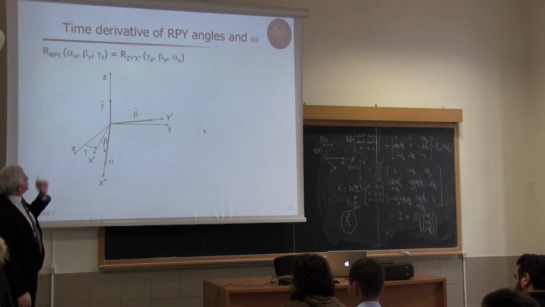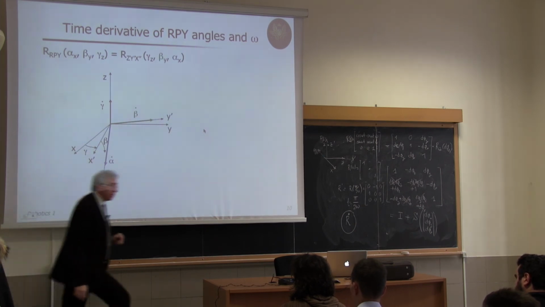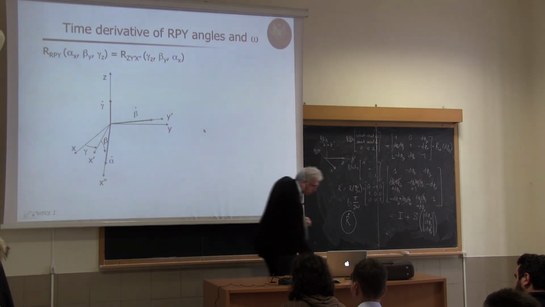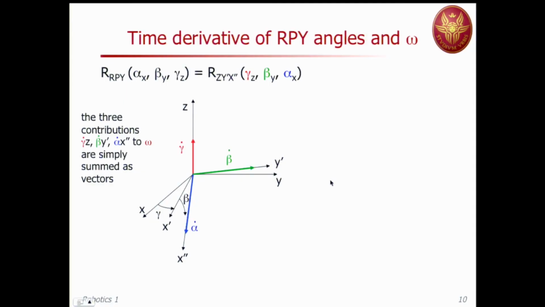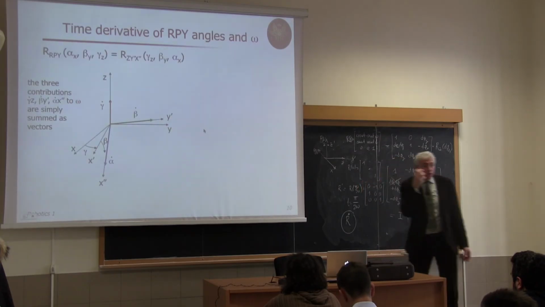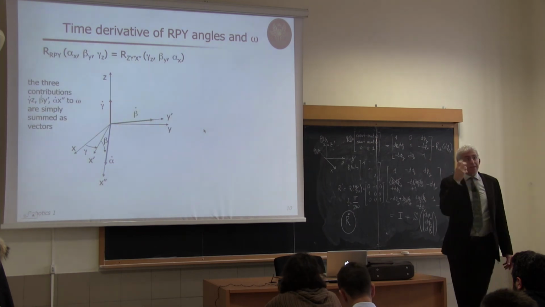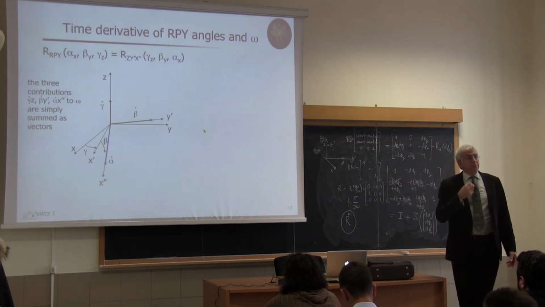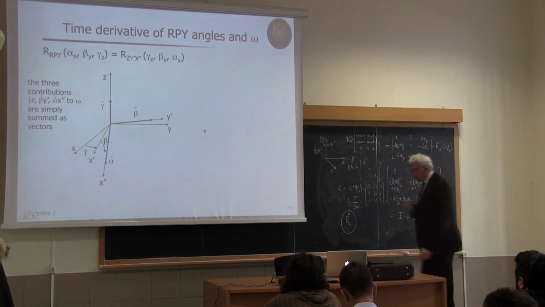Pay attention, not on the alpha, but on the beta and gamma angle. So now we will do this computation. These three contributions, green, red, and blue, will be summed, and this will be the resulting angular velocity associated to the sequence of time derivatives alpha dot, beta dot, gamma dot.